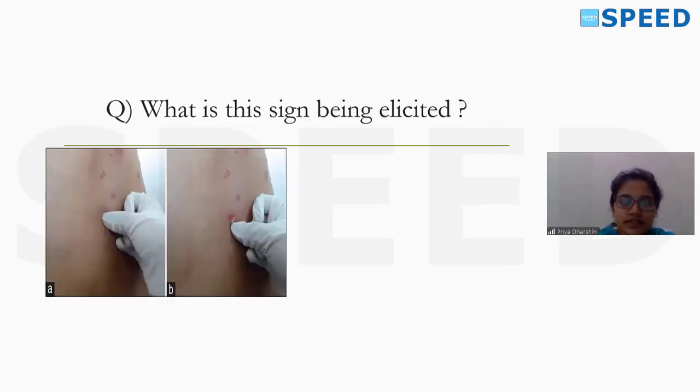Next question, what is the sign being elicited in this picture? This is also a bedside test which we do in bullous disorders, and many questions out of this can be asked directly or indirectly in exams. The sign being elicited here is Nikolsky sign. It was found by Nikolsky, who was a Russian dermatologist.